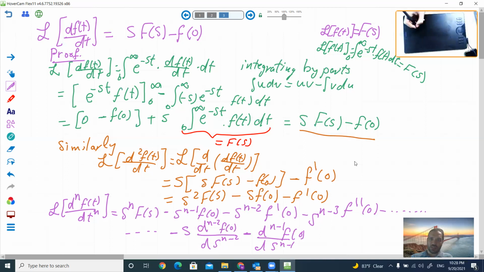In the first case, the last term was the 0 derivative, so it is the function itself. In the second case, where we started with the second derivative, the last term was the first derivative at 0. And in general, in the nth case, we will end up with the last term being the derivative of order n minus 1.